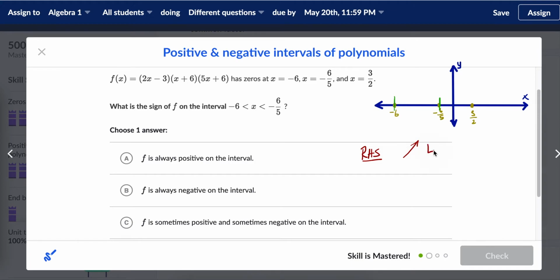If your leading coefficient is positive, then the right-hand side of your function is going up. The second thing to know is, if the right-hand side of the function is going down, then your leading coefficient is negative.